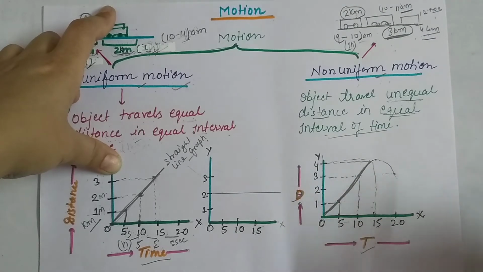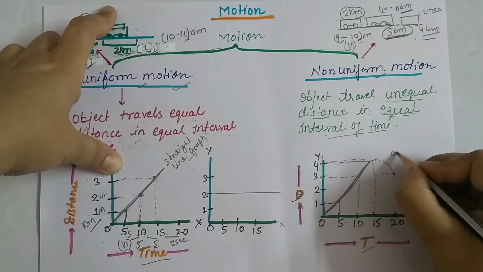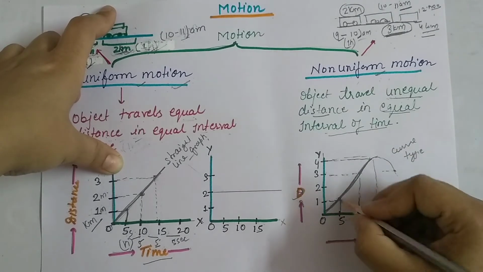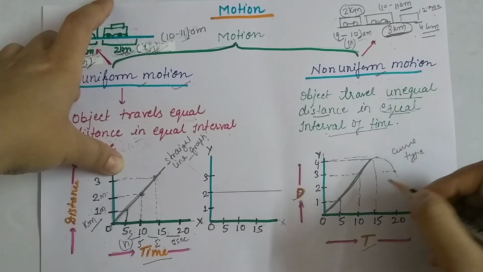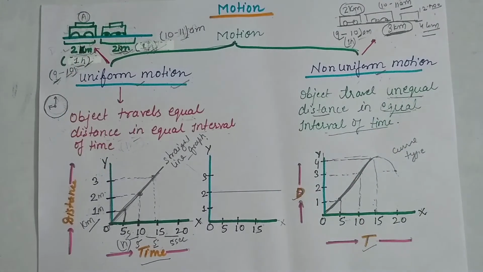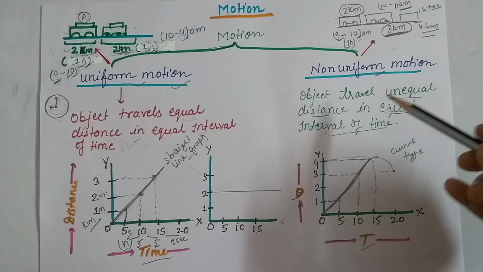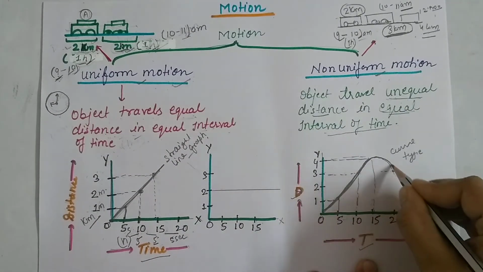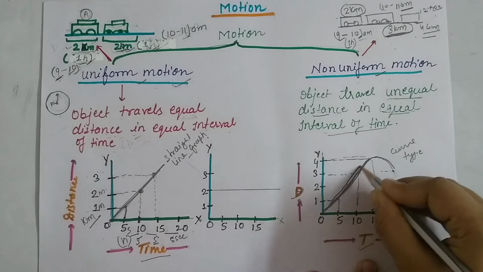So you will find the graph is of curve type. Here you will find unequal distance in equal interval of time, that is non-uniform motion. You will find the graph is slightly curved.